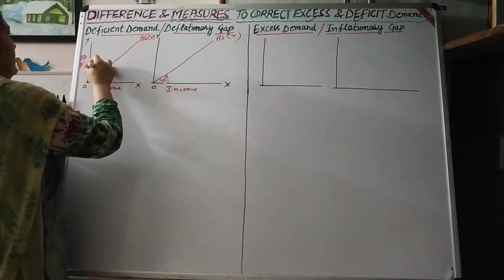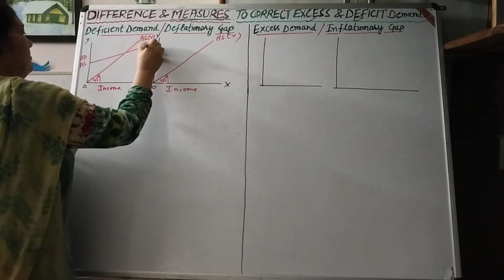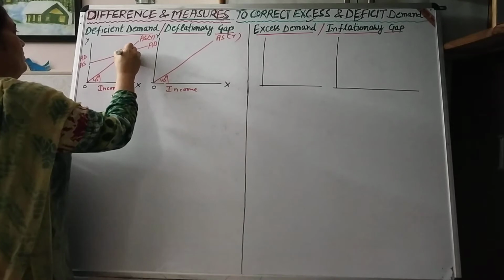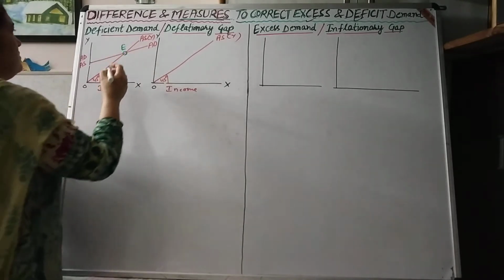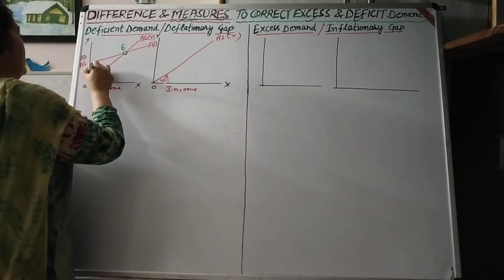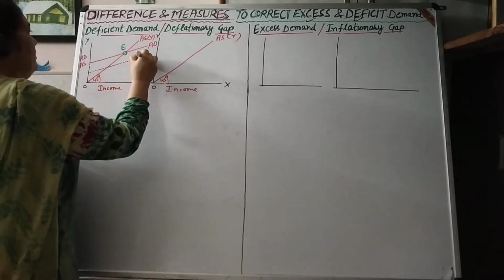Then aggregate demand AD, and this is the equilibrium level of aggregate demand and aggregate supply, which represents full employment level. Due to some reasons, AD shifts downward from AD to AD1.